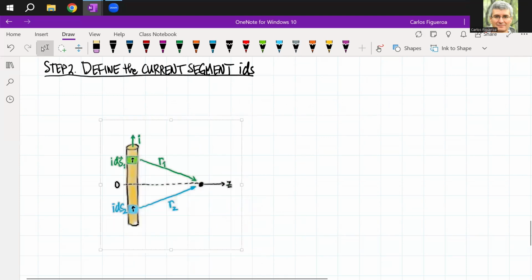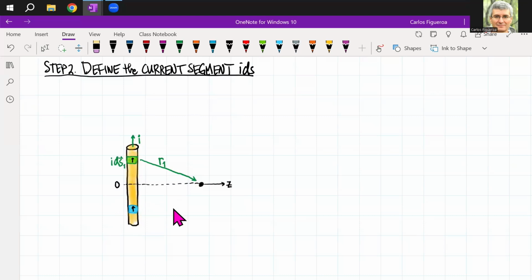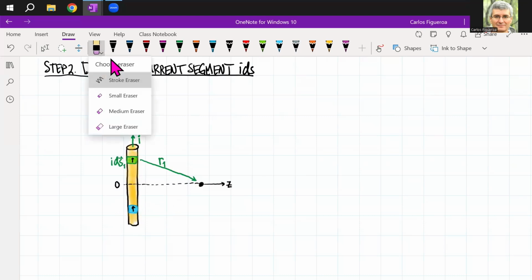Now what we want to do here is modify this so that it looks exactly like what we want. I'm only going to focus on one term, ds1. So I'm going to get rid of this guy right here. I don't care about these guys. I'm only looking at this guy right here.